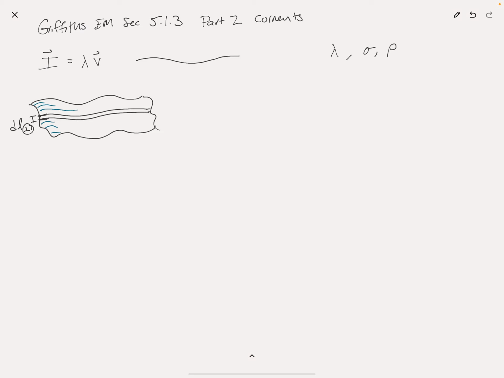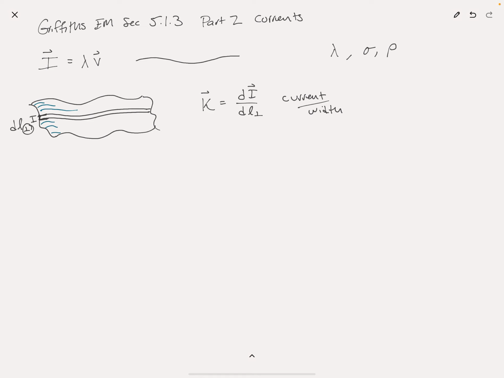I can define a surface current density, K, which is the change in the current that flows through each of those ribbons per unit width. So this is a current per unit width. Surface currents exist.